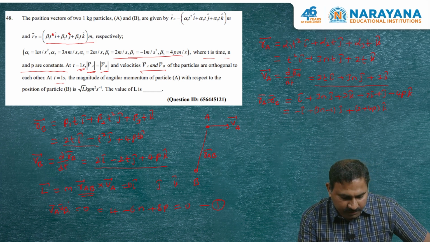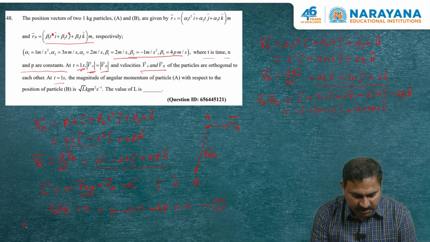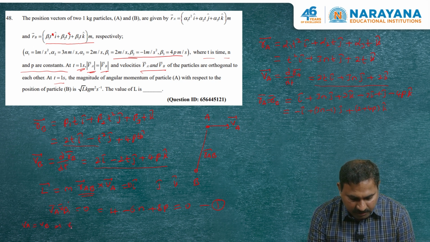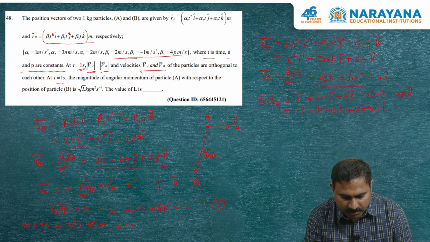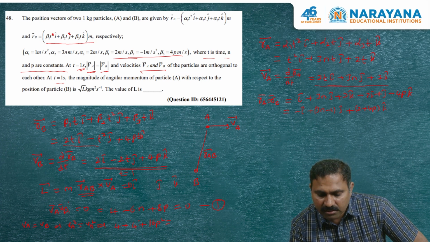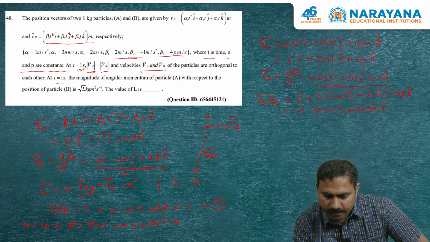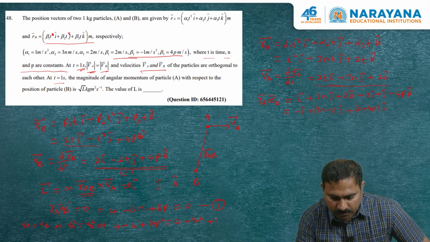Here again we need to use the magnitudes of velocities also equal. It is given that Va equal to Vb, which is giving Va square equal to Vb square, also I can use. So, it is giving 4 plus 16p square, this is from Vb square at t equal to 1 second. Similarly, Va square, this is 4 plus 9n square plus 4.